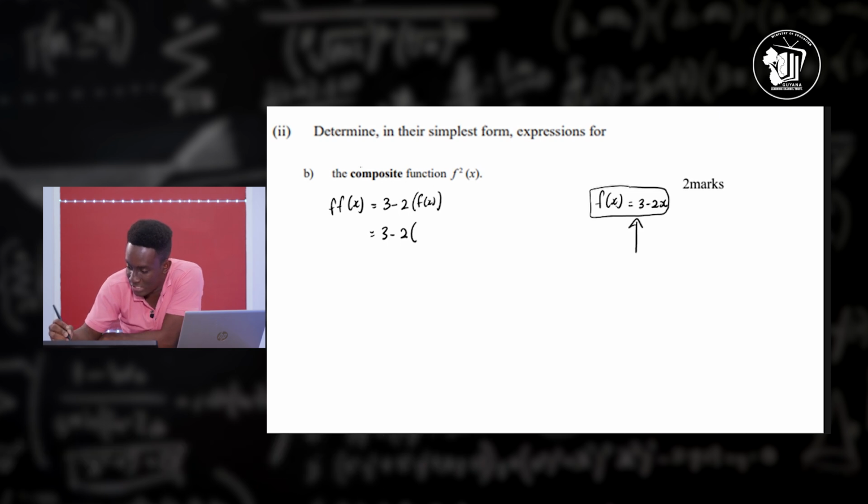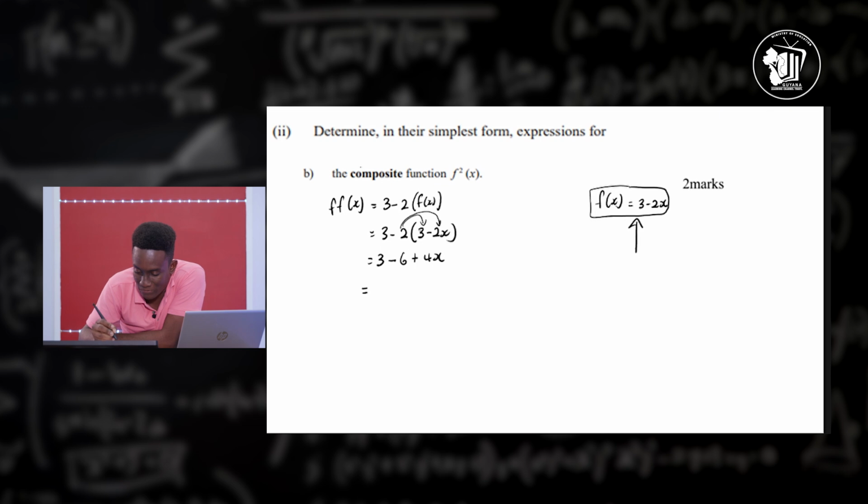So we see f of x is this function here. This will be 3 minus 2 multiplied by (3 subtract 2x). And then we just simplify this. So this will be equal to 3. Now this negative 2 has to multiply throughout here. So negative 2 multiplied by 3, that will be a negative 6. And now the negative 2 multiplied by negative 2x, that would be a positive 4x.